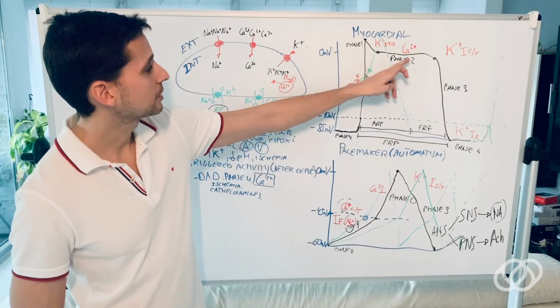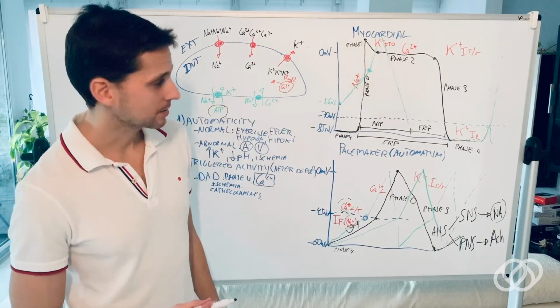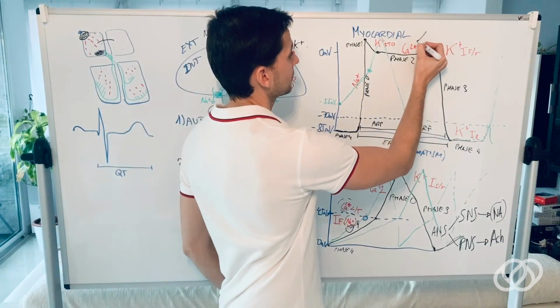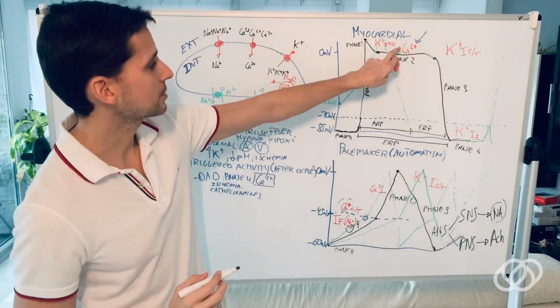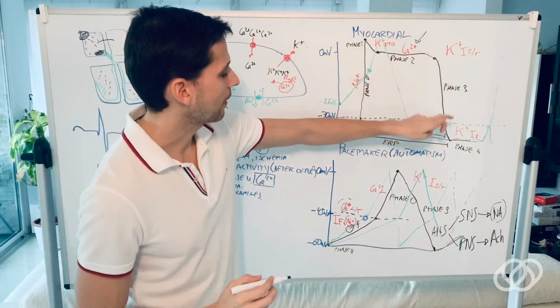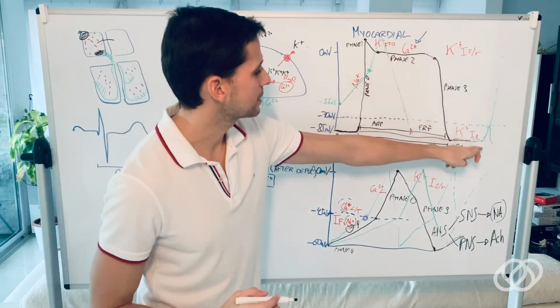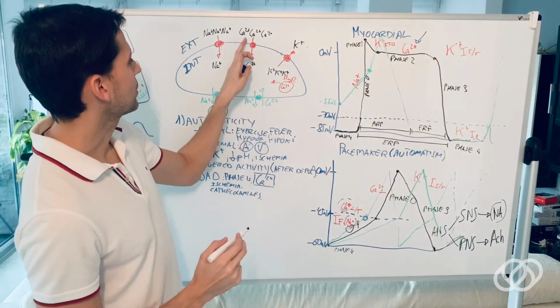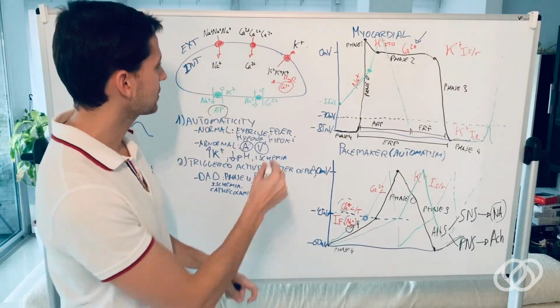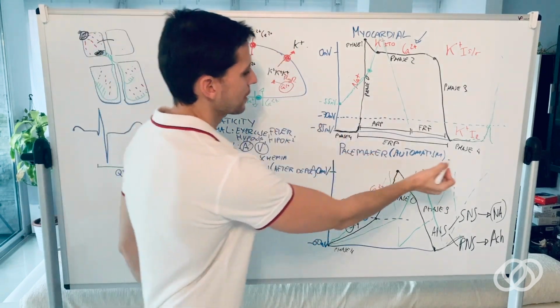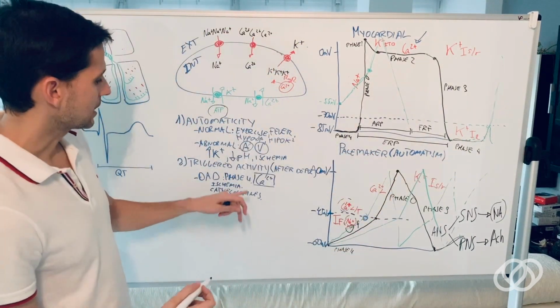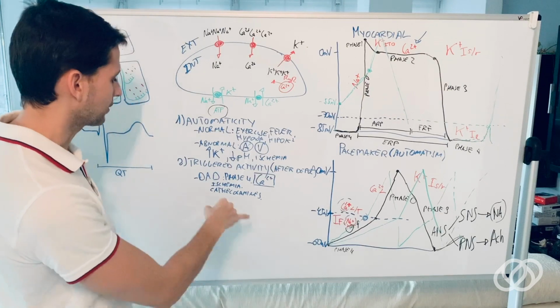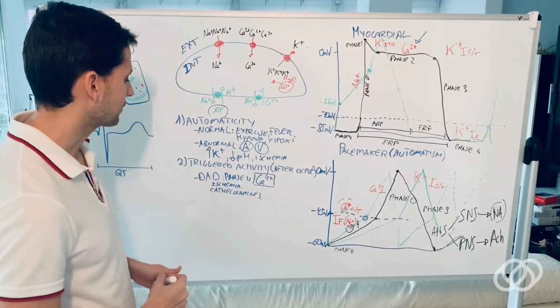But also the catecholamines might increase the entrance of calcium in this phase and also in other phases of the myocardial cells. So if they increase the entrance of calcium during phase 4, then it can trigger a delayed after depolarization.